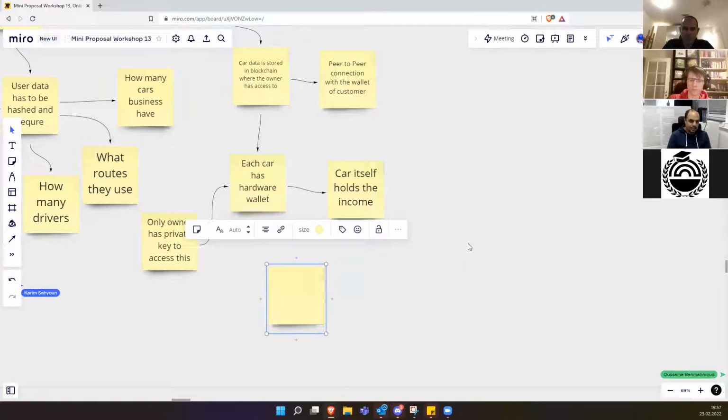But what I understand from your question is that this hardware wallet is not just a wallet, but should also contain a server, because it should process the data. A wallet is just about transactions with the blockchain, but we are also retrieving data from the car, and this OBD2 data is coded.